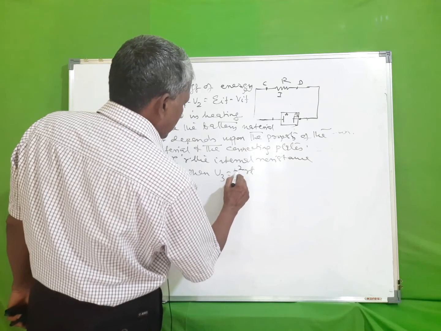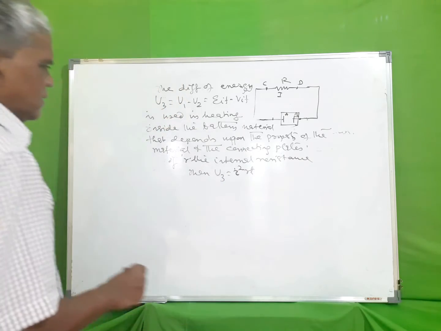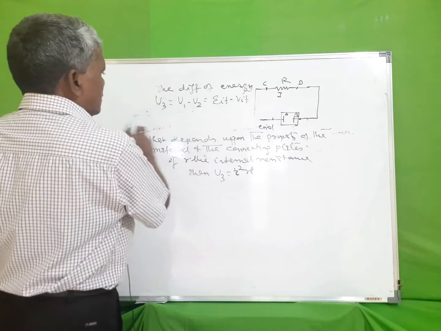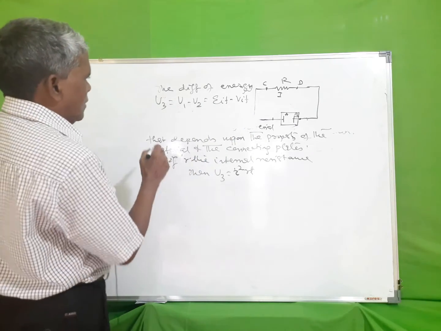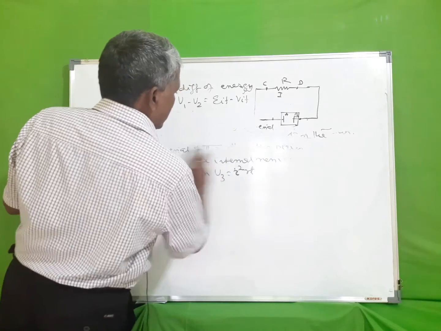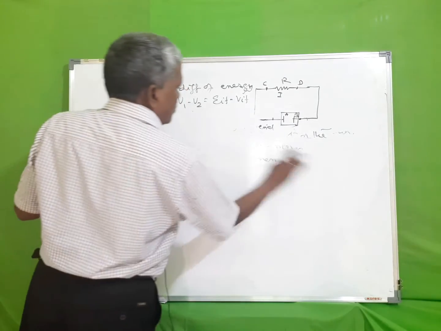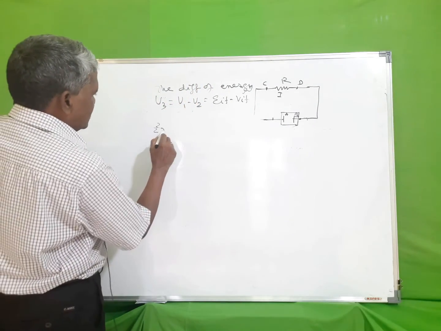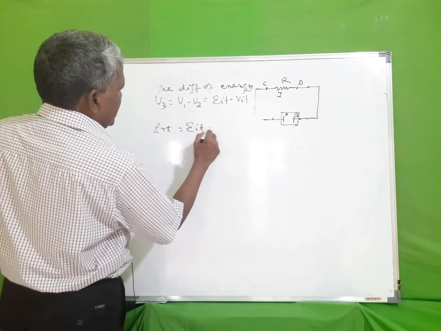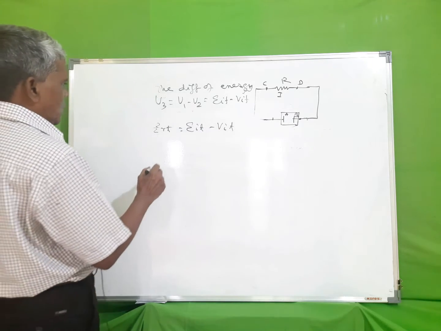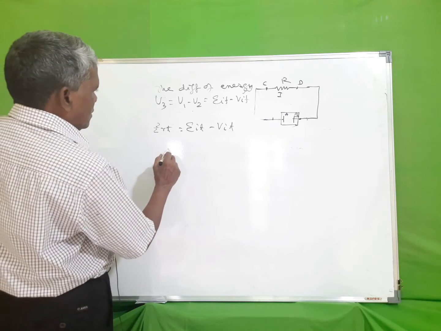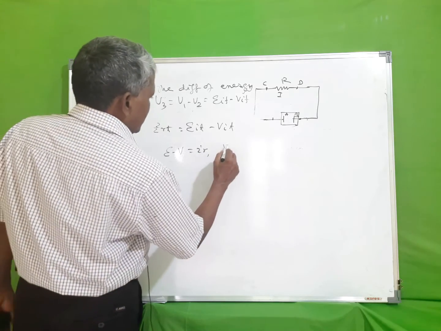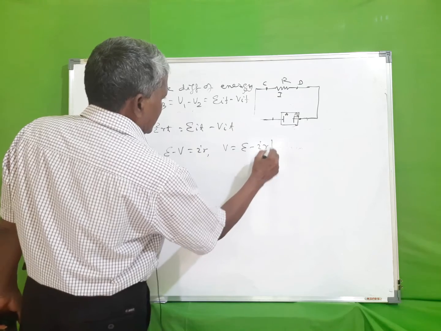That depends upon the current flowing, the time of flow and the resistance. So I squared rT is equal to EIT minus VIT, or E minus V is equal to Ir, or V is equal to E minus Ir.